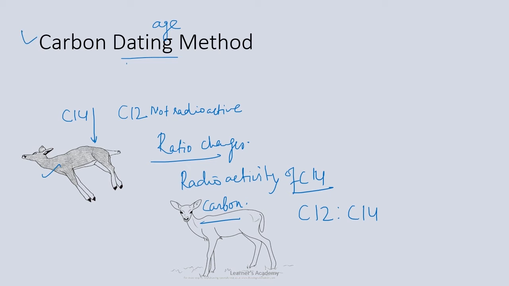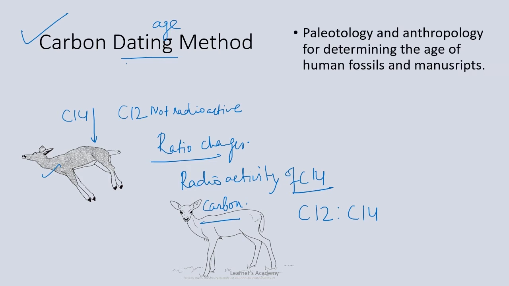This method is used in many fields like paleontology and anthropology, for determining the age of fossils and manuscripts. Once the age of a fossil has been determined by such a technique, it becomes very easy to deduce the information and to calculate the age of fossils and place them in the geological time scale.